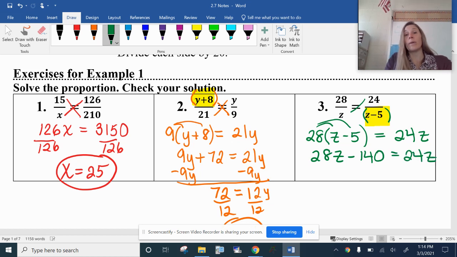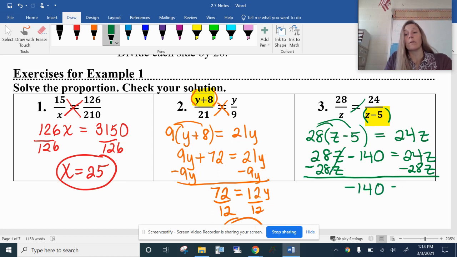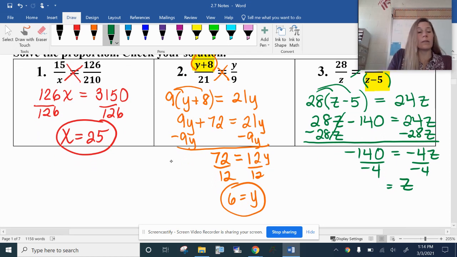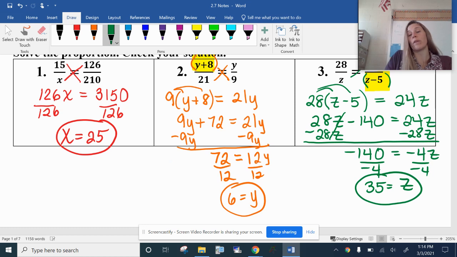And now I want to get all my z's on one side. So for me, that makes sense to move the 28z over, since the only thing on the right now is terms that have a z. And that's going to give me a negative 4z. And then I'm going to divide both sides by that negative 4 so that I can get the z alone. And that is going to give me an answer of 35. So z would equal 35.